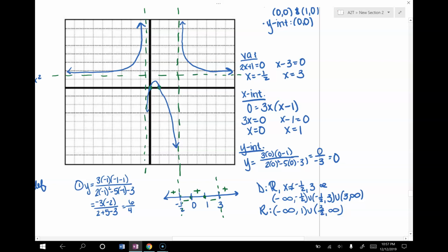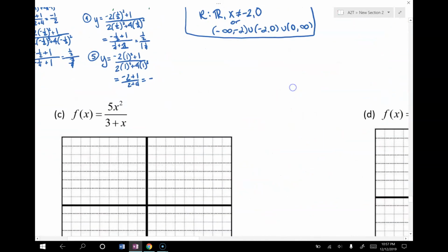Neither one of my inclusion symbols is a bracket because I don't get there. I'm going to get close, but I'm not going to actually get to that location. So for something like this, I'm going to base your domain and range, more specifically your range, off of what you've sketched. Make sure you look at your function.